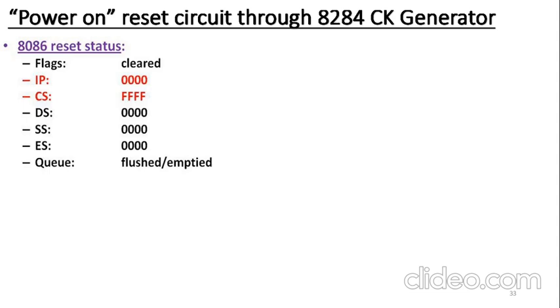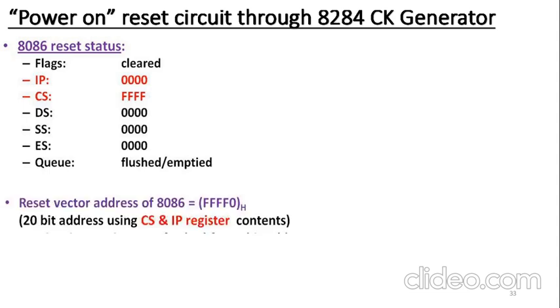So from that reset status of microprocessor 8086, you will find that red colored CS contains FFFF and IP contains 0000. These two values are extremely important because they define the reset vector address of the processor.